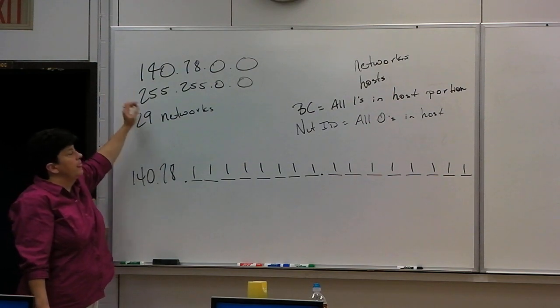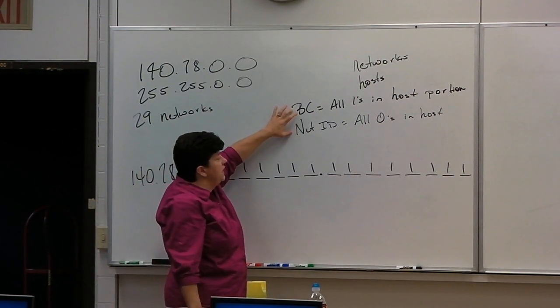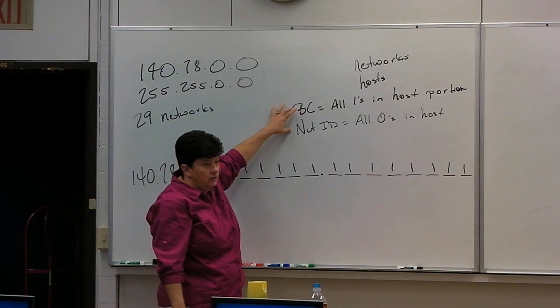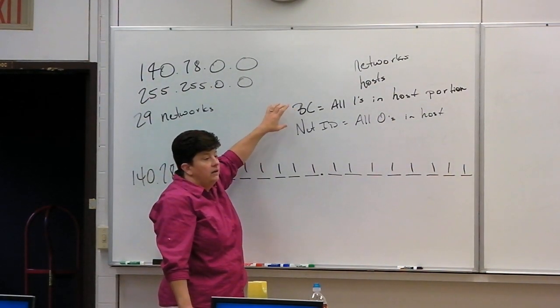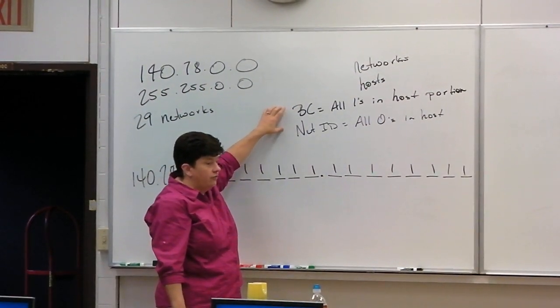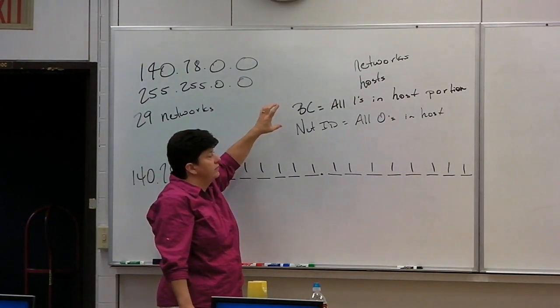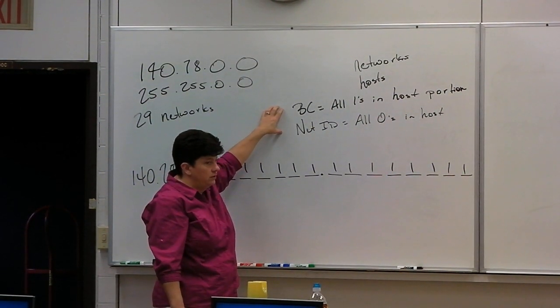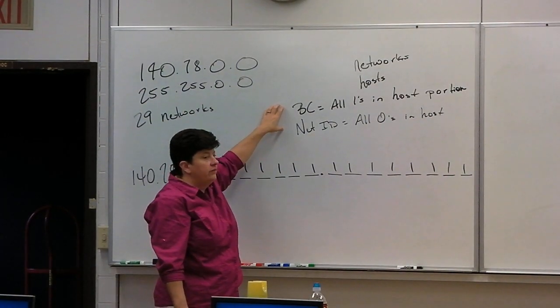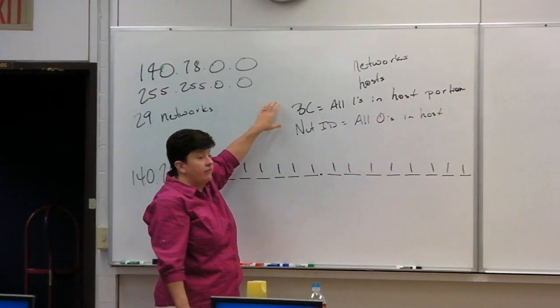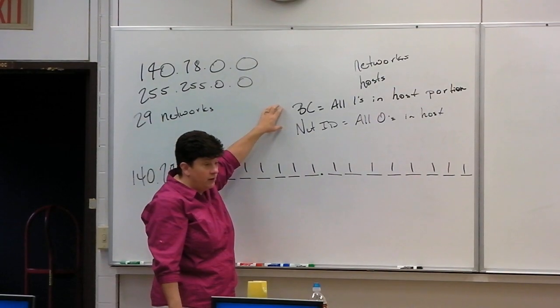Okay. I am not allowed to give away either of these. It's not an assignable address, or it's not a valid address for a host. Because of that, I have to account for that when I'm going to do my calculations.